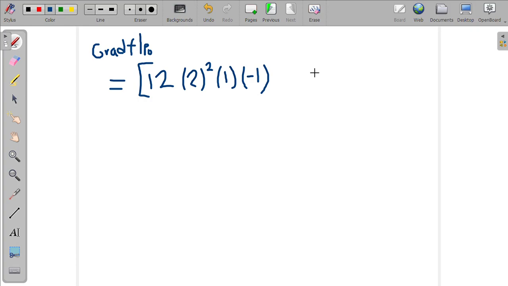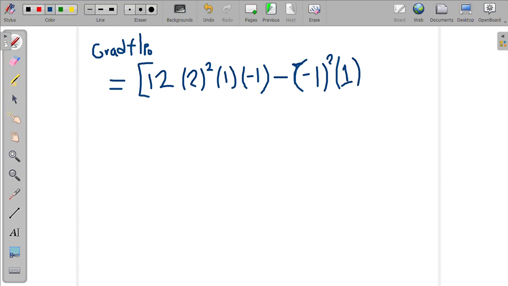Okay, so you subtract. There's a bracket here, so we open a bracket and write negative 1 squared, multiplied by 1, multiplied by 1.